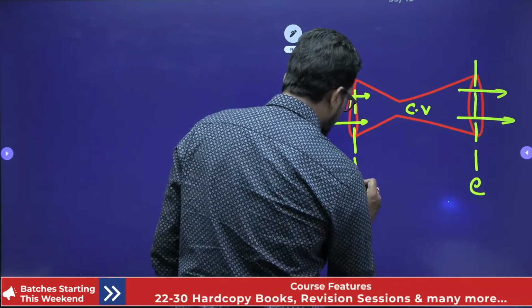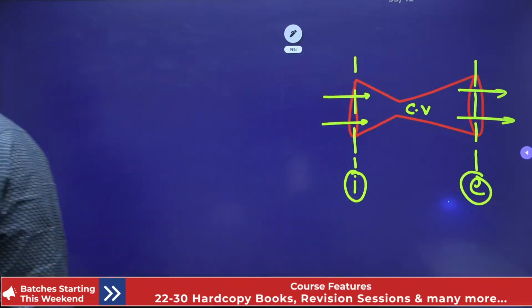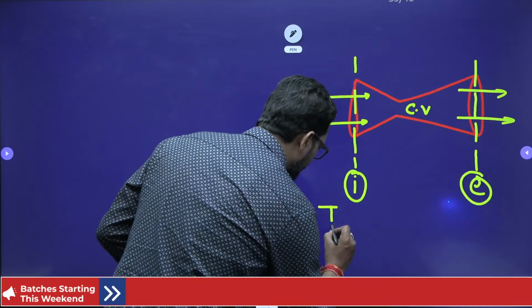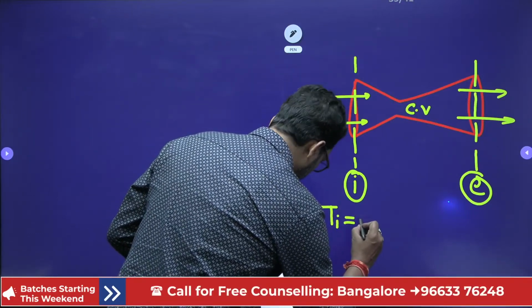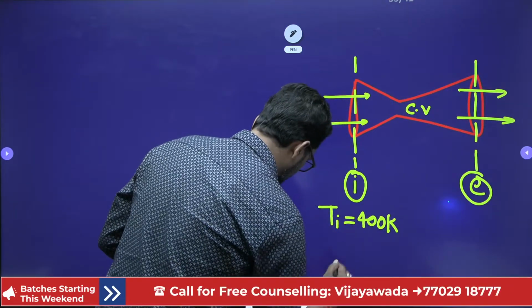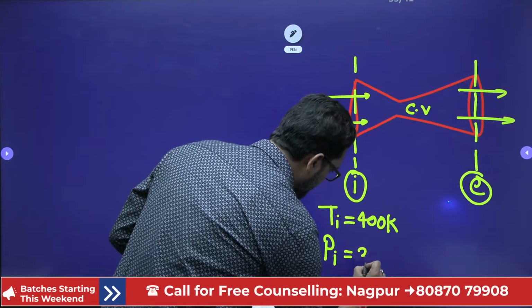And the inlet condition is given, the exit condition is given. Let's check. The inlet temperature Ti is 400 Kelvin, and the pressure Pi is 3 bar.